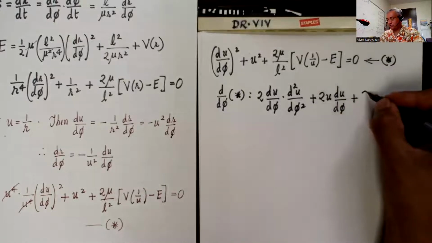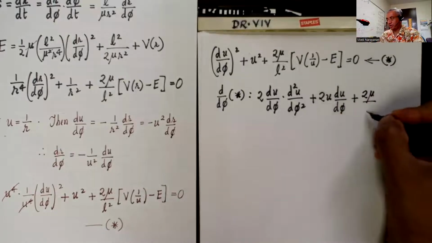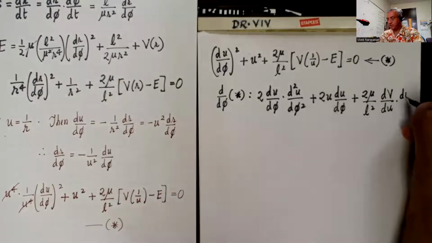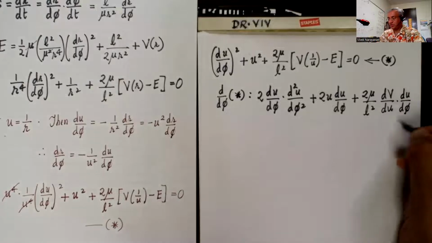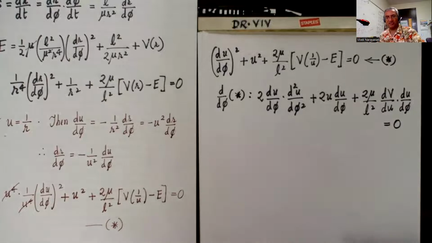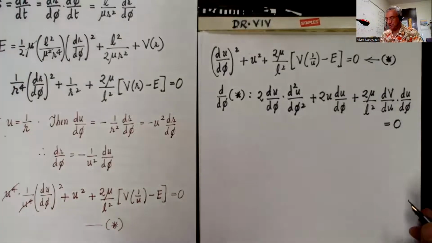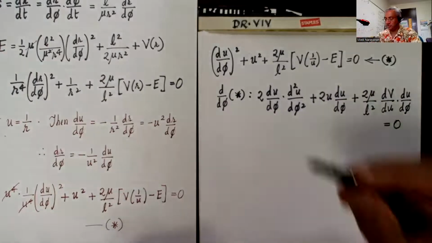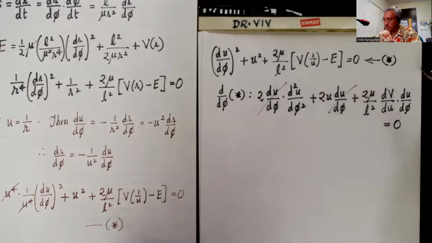So I'm going to just get 2 mu over L squared dV by du times du by d phi equals 0. Now you may wonder, what is this? This looks even worse than equation star. But actually, it's a better equation because du by d phi is now common to all these terms. So I can take out du by d phi altogether.